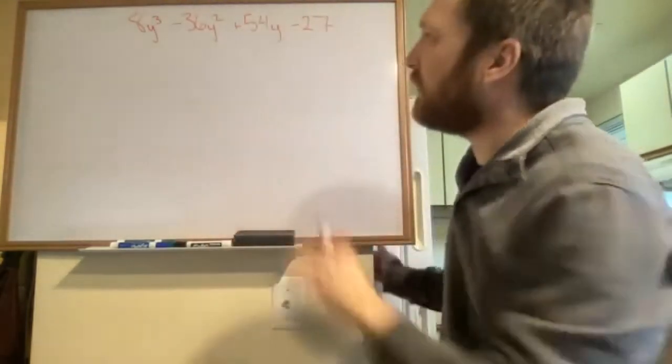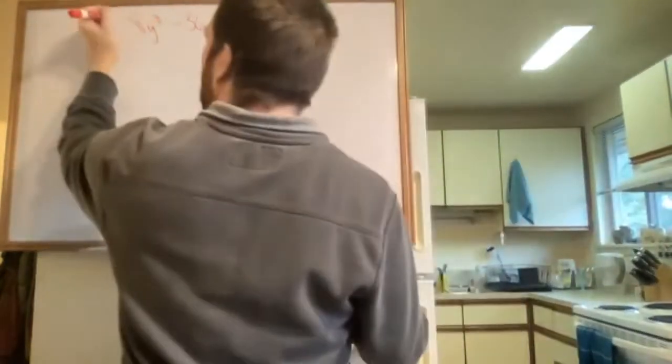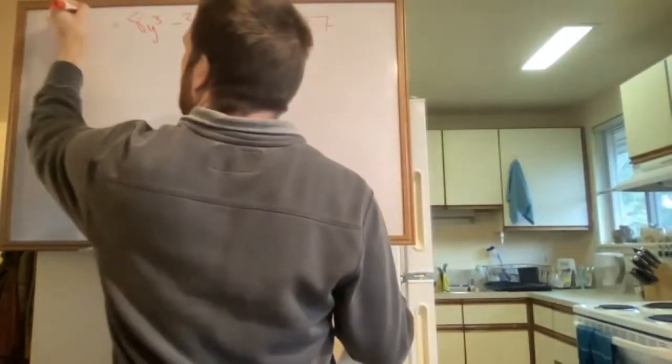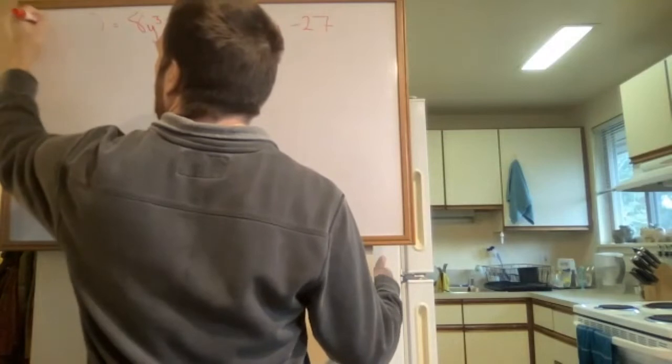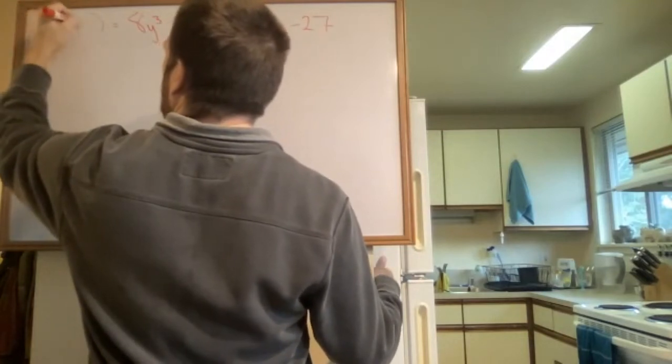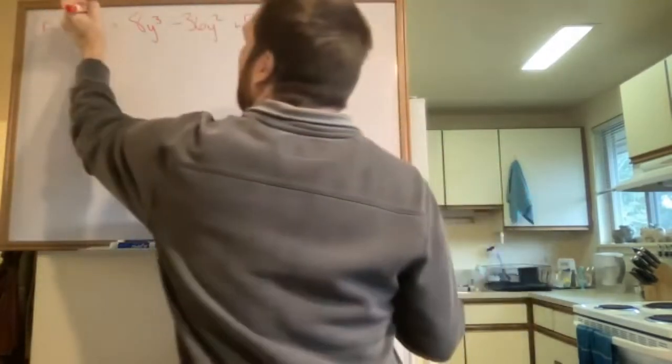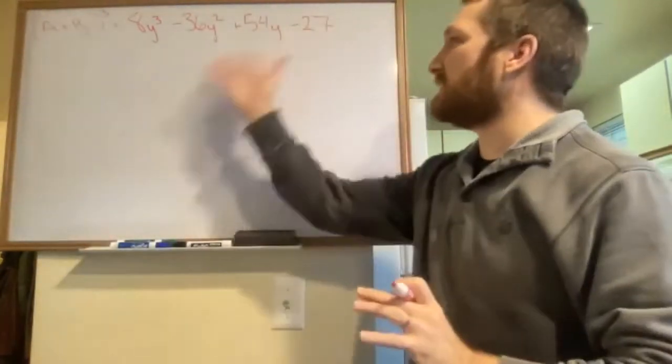Find the binomial. So in other words, they're saying this is equal to some binomial. We have two terms, A and B, and we're going to cube it, and what we get out of it is this.